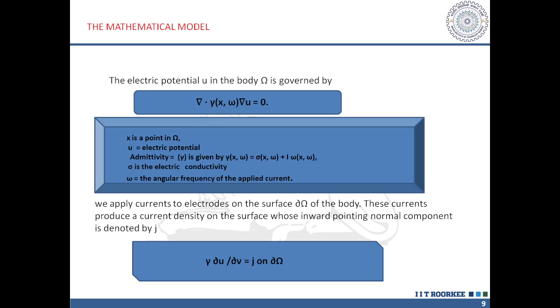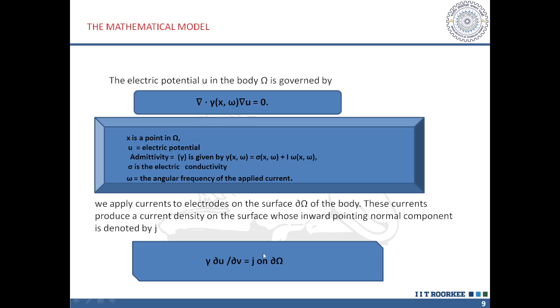When we apply the current to the electrodes on the surface of the body, these currents produce a current density on the surface, whose inward pointing normal component is denoted by J. This equation shows the current density of the particular electrode which is connected with the body.